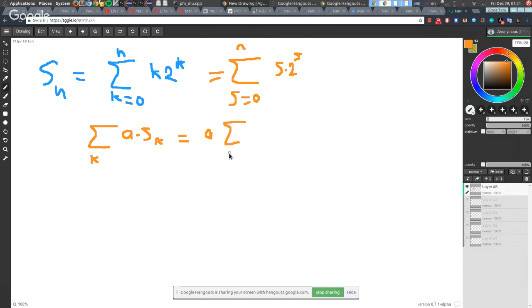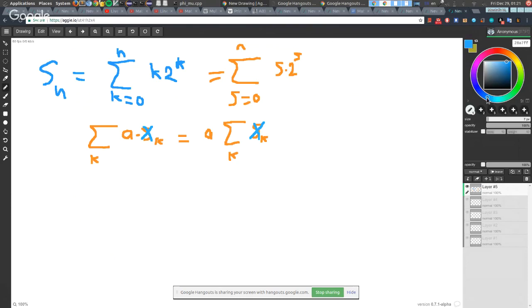So this a can be a common factor. And this s is not related to this, so just call this x, or just any variable, to avoid ambiguity.